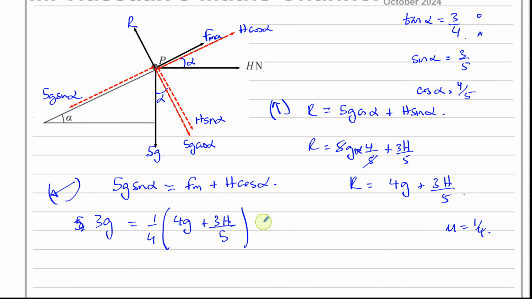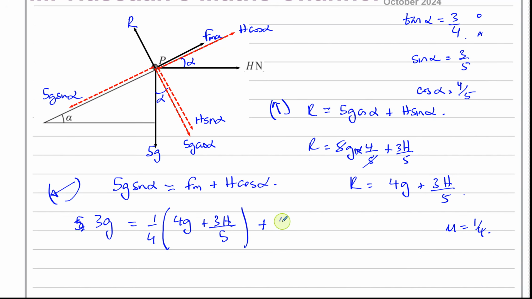That's basically 3g, which is this, equals F max plus h times cosine alpha. Cosine alpha, my bad there, cosine alpha is 4/5.